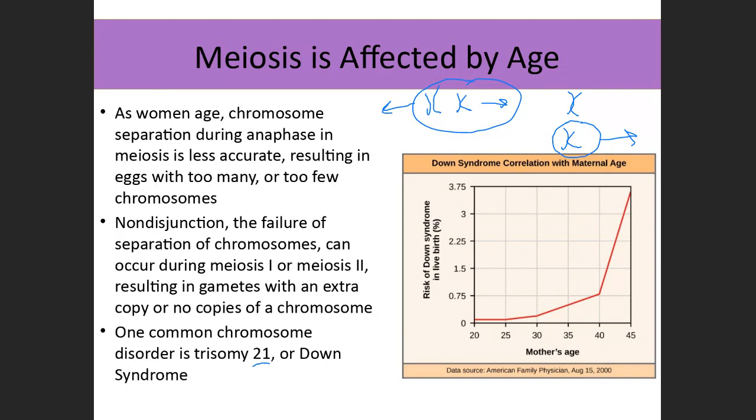And you can see that as women age, especially as they get right to here, to 40, the risks of that increase. So over 40 is considered a geriatric pregnancy. So this is not to suggest that everyone should run out and have a baby right away, but just to be aware for women of the risks of complications as they age.